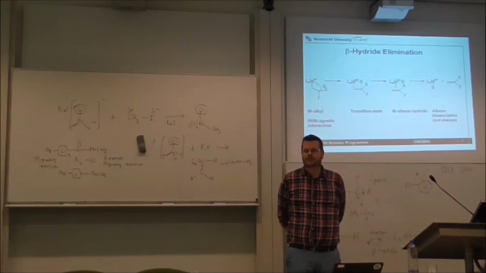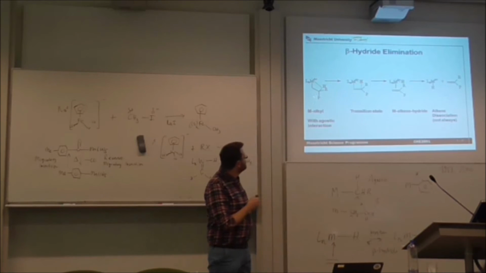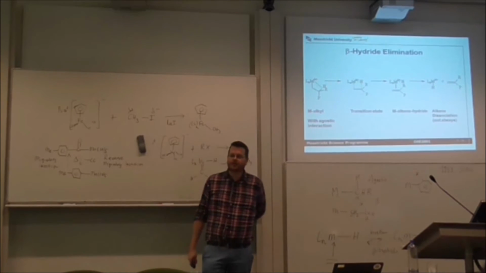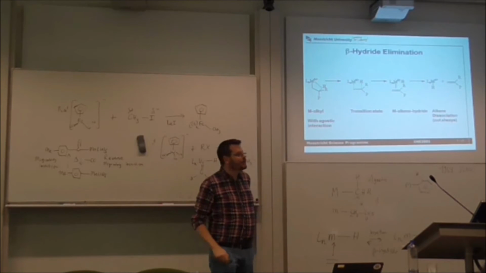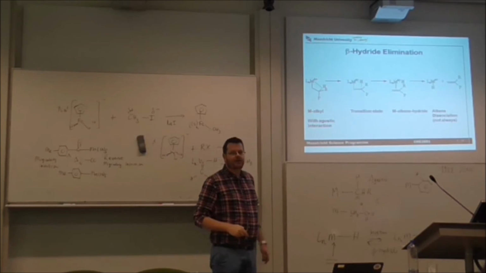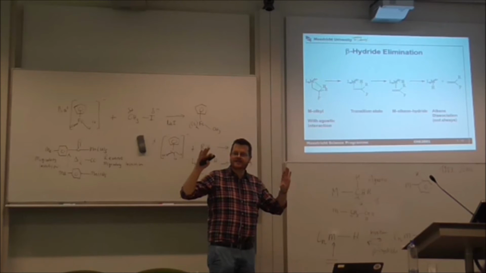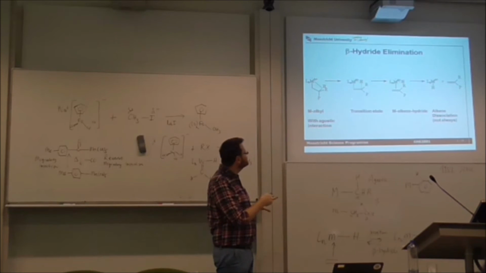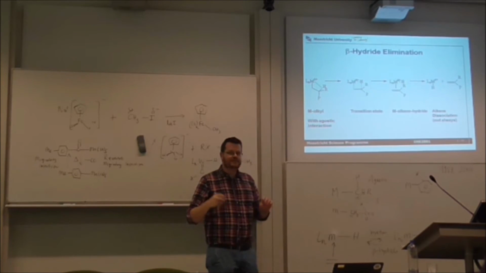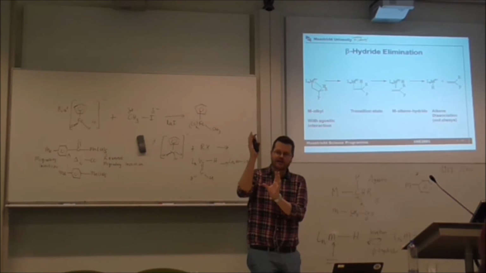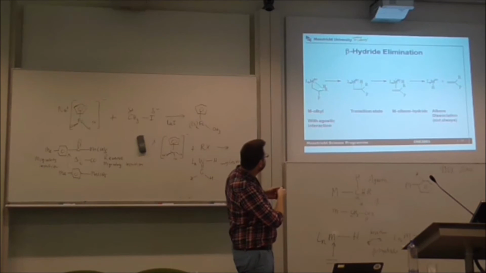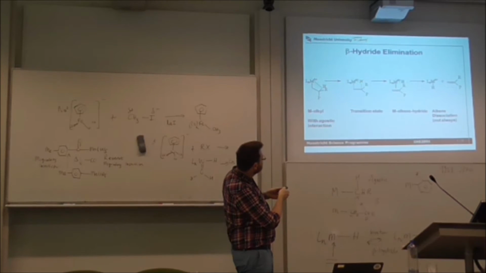Between there and there, what's happened? You're breaking the metal bond. I mean, the metal-carbon bond breaks. We're in the process. It's a transition state where this agostic interaction is becoming more of a hydride. So this carbon-hydrogen bond is becoming weaker and weaker, and the metal-hydrogen bond is becoming stronger and stronger.